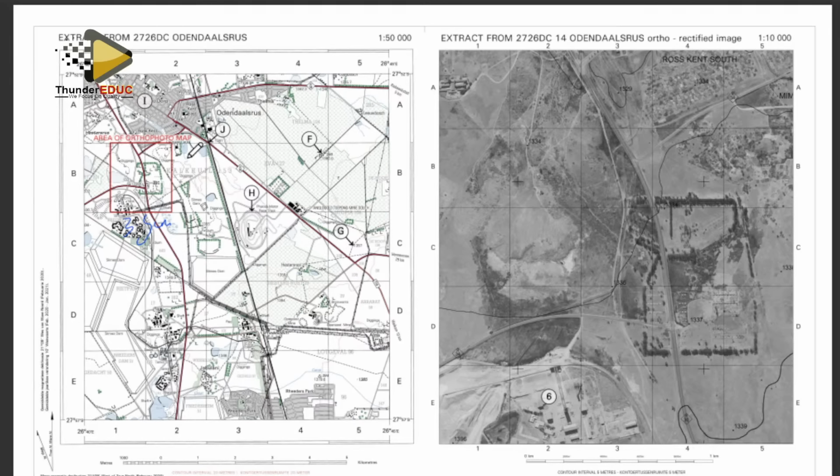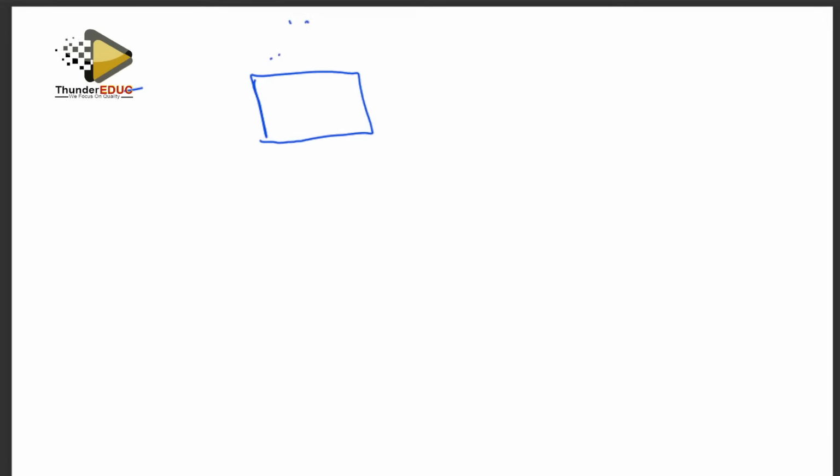The longest part is given as 3.7, so this part here is 3.7 centimeters. We need to measure this from here to here. Let's say this one is 3.5 after measuring. So please, learners, don't forget that we have to measure that distance.